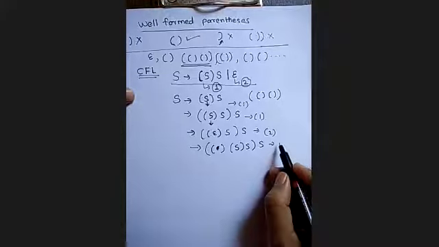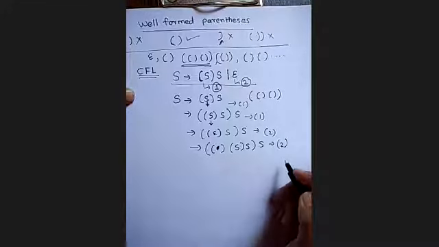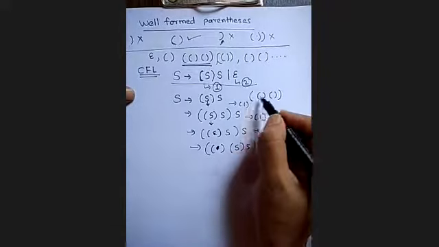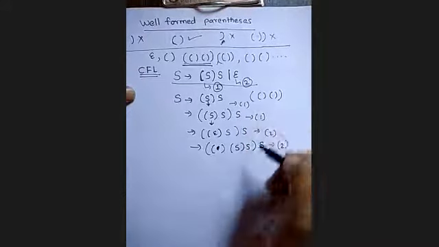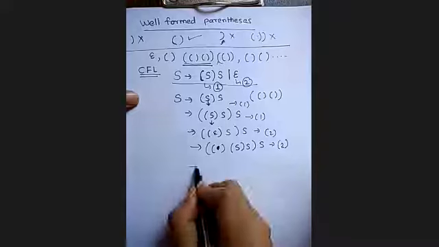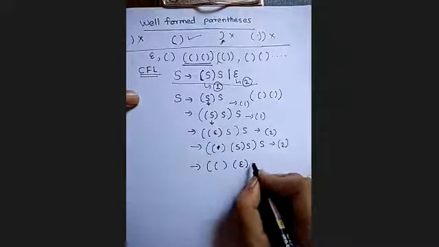Leftmost derivation. For the leftmost S, rule number 2. Why? Because you can see here, you can consider the number of opening and closing, and if you match this, I don't think you have to apply rule number 1. So we'll apply epsilon. As you match here, you will get the same number.